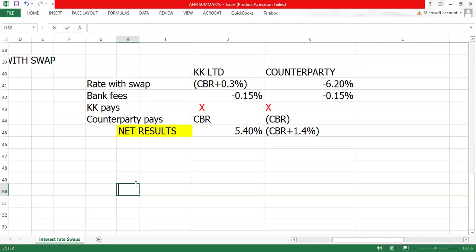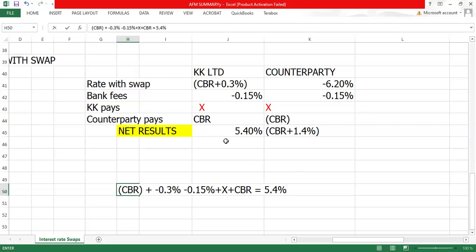So you will just say negative CBR plus negative 0.3%, then minus 0.15%, plus the x that I'm looking for, plus the CBR. CBR is equal to what? Net results, 5.4%. You guys, are you on?